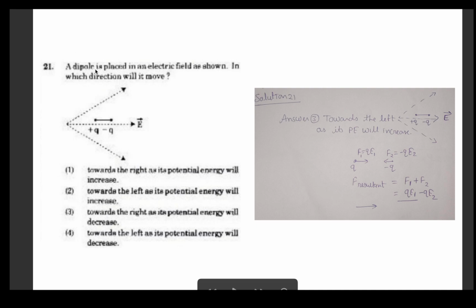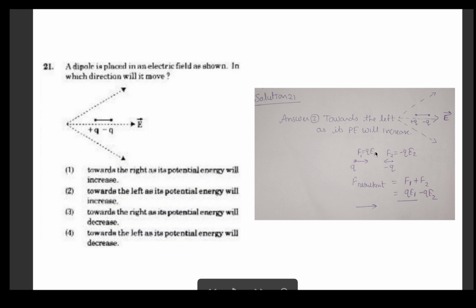In this question, they asked: a dipole is placed in an electric field. This is the dipole, and in the electric field, in which direction will it move? You can see that at the plus q charge, the electric field lines are closer than at the point where the minus q charge is situated, and we know the force formula is F equal to QE.